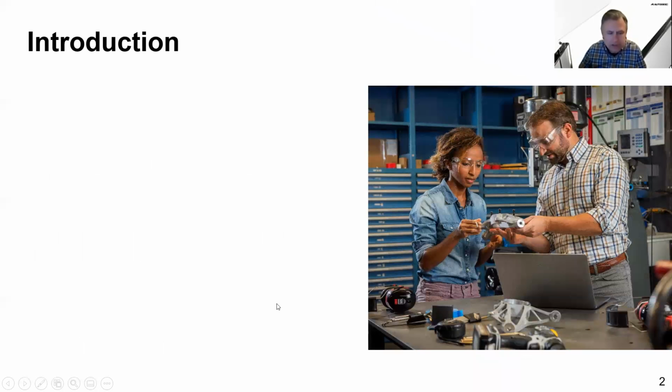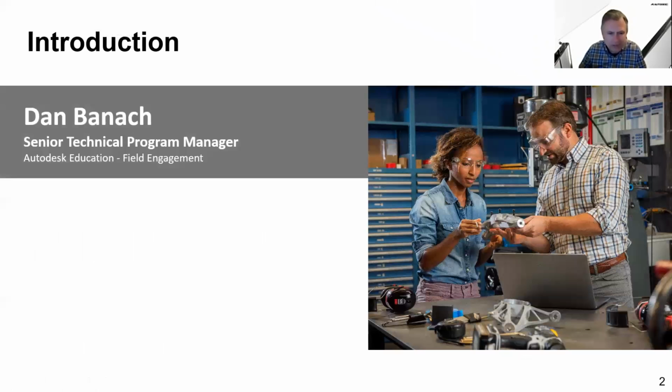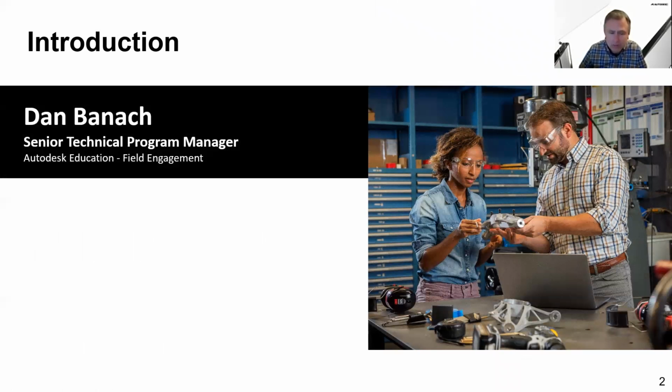And I always think it's good to know who you're listening to. I know a lot of people that are already there, but there may be some new folks. So my name is Dan Banach. I work in the education group here at Autodesk. Fab Clayton and myself help support Purdue and some of the other top engineering schools here in the US.